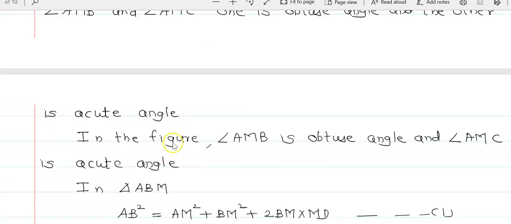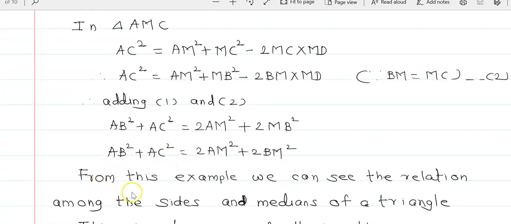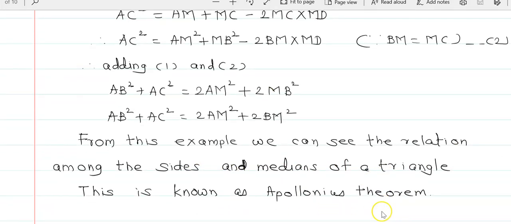Both have AM square, that will become 2AM square, and these two terms get cancelled, and hence we get AB square plus AC square is equal to 2 times AM square plus 2 times BM square. From this example, we can see the relation among the sides and the median of a triangle. This is known as Apollonius Theorem.